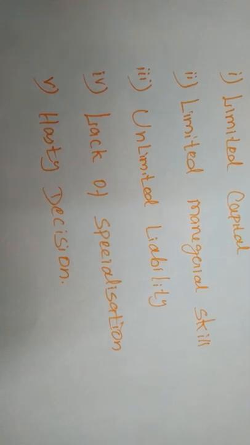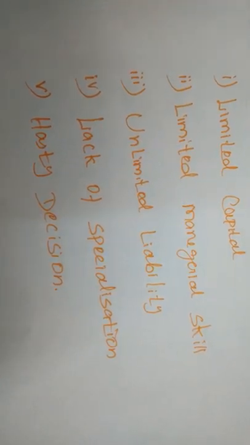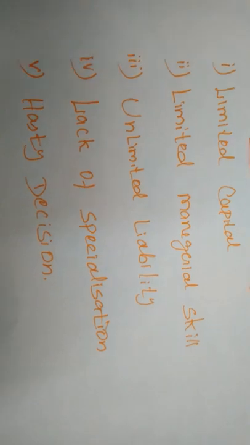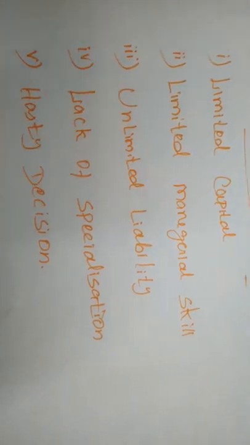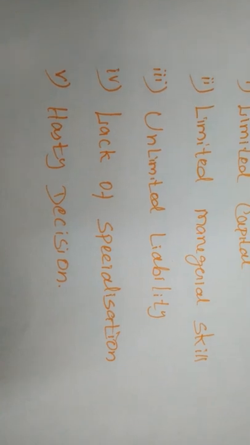Next, unlimited liability. The creditors have the right to recover their dues even from the personal property of the proprietor. In case the business assets are not sufficient to pay the debts, he has to pay from his own property. So when there is unlimited liability, if any losses arise in this business organization, he has to sell his properties and give the money back to the business.